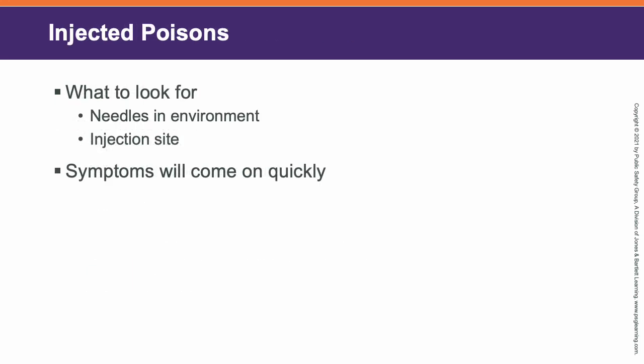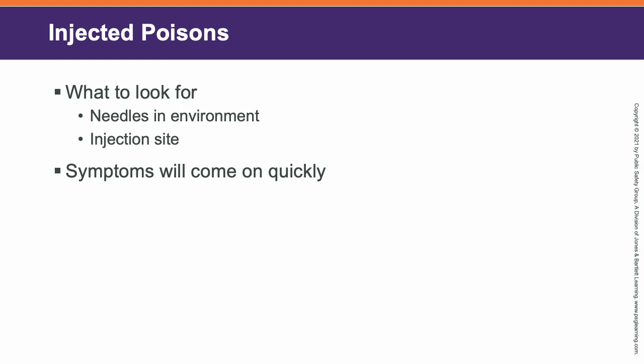Injected poisons. In this situation, we're going to look for needles. If somebody has injected themselves with something or something injected them, maybe it was accidental, we're going to try and look for the needle around there, for one, to protect ourselves, and then to try and figure out what the substance was. And then we're going to look for the injection site. Where did it get injected?